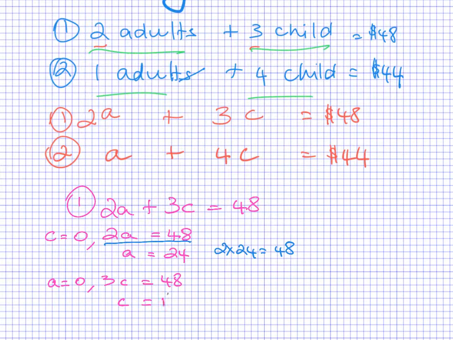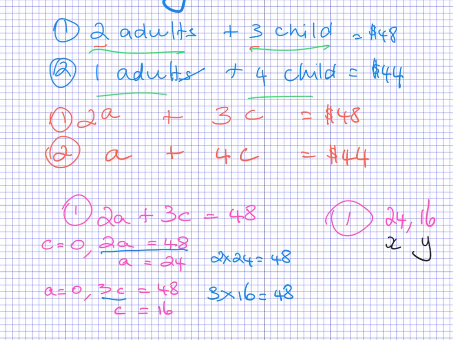Therefore, C equals 16, because 3 times 16 equals 48. So the two coordinates for family number one are 24, 16. Now if we convert them back to the axes, this is X, this is Y. Now let's further move the screen up.